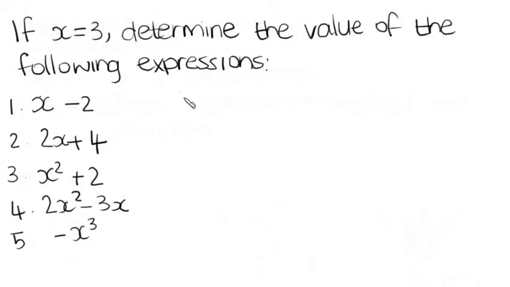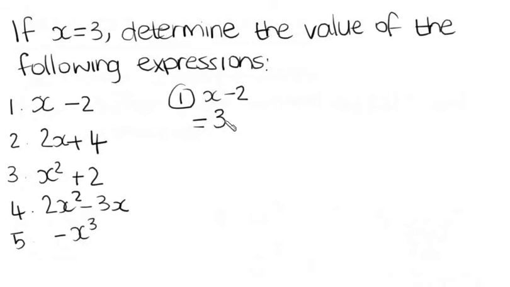Okay, so let's look at number 1. Right? Number 1 is x minus 2. So I'm just going to replace my x with the value of 3. So if I have x minus 2, then that value of x would then become 3.